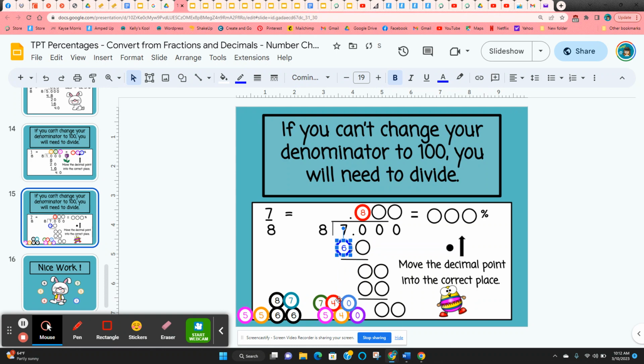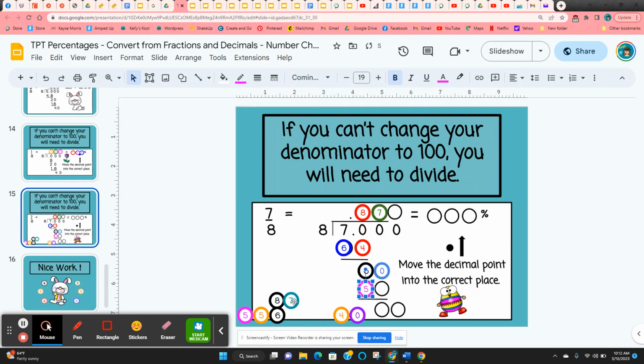So they're just moving every one of these numbers. If they subtract, they get 6. Bring down a 0. 8 goes into 60 7 times. 8 times 7 is 56.